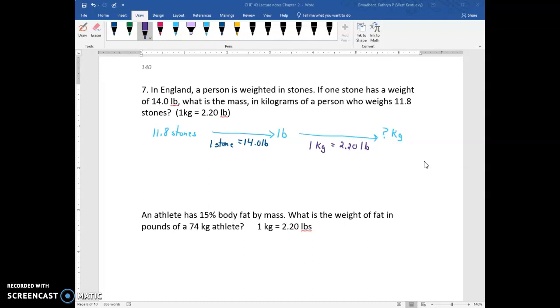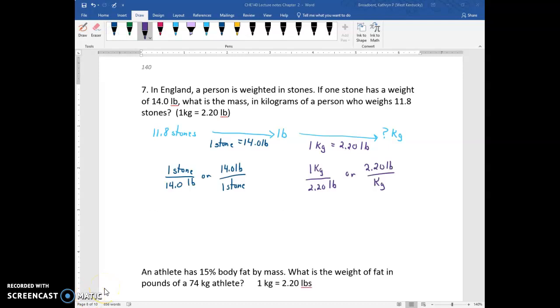We're going to start with our 11.8 stones. We'll use the equality of 1 stone is equal to 14 pounds to convert into pounds. Once we have our number in pounds, we can convert it into kilograms using the 1 kilogram is equal to 2.2 pounds. So for each of these, we can write conversion statements.